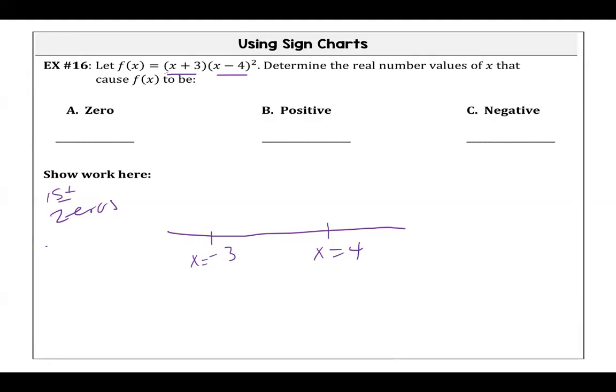At the far left end of your sign chart, that's negative infinity. At the far right end, that is your positive infinity. All right. After you've created your sign chart and found your zeros, the second step is to choose any values in between and evaluate their sign.